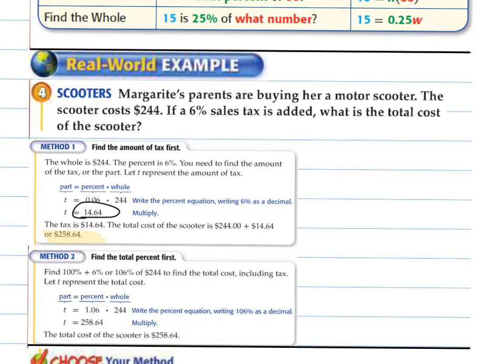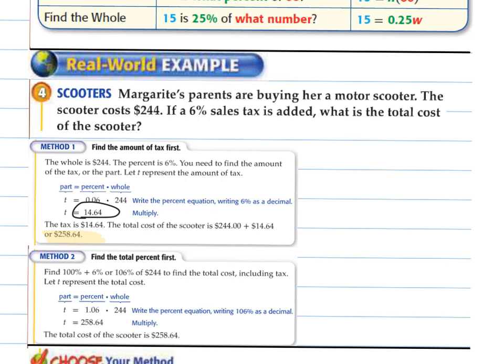The other way to solve it is to find the total percent first. To do that, we are going to find 100%, because we have to pay the whole cost of the scooter, plus the 6%, which equals 106% of the $244 cost of the scooter to find that total cost, including tax. We're going to let T represent the total cost. So in this situation, our part is the total, including tax.